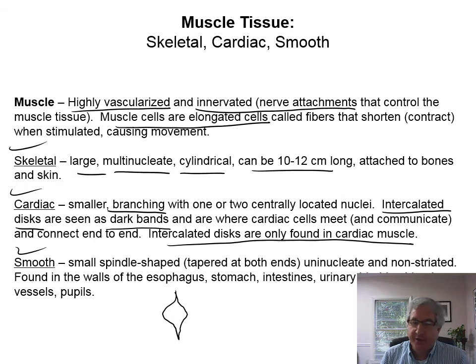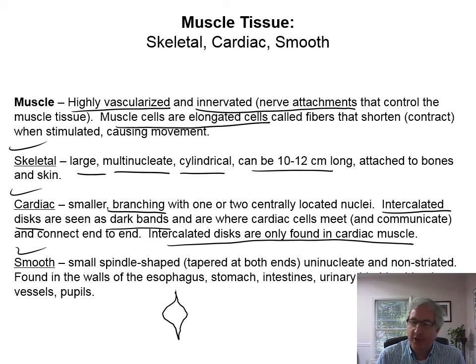And these are found in the walls of the esophagus, the stomach, intestines, urinary bladder, blood vessels, pupils, all those kinds of places. Okay, we're not going to talk about muscle in AP1 here. You'll talk about it in AP2. But smooth and cardiac muscle are not under voluntary control.